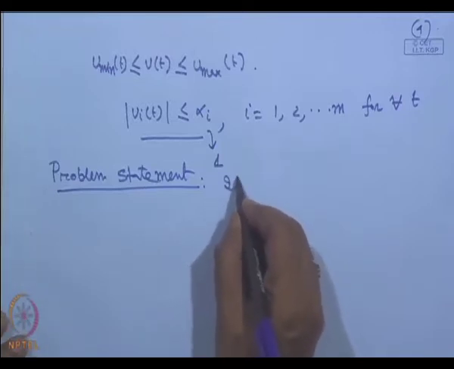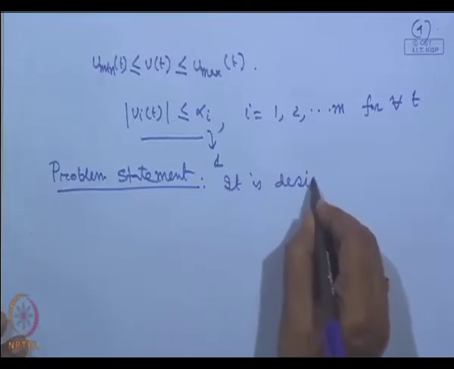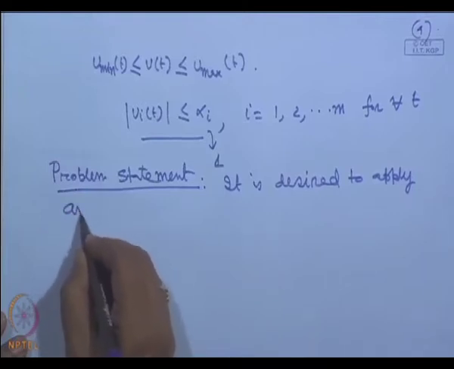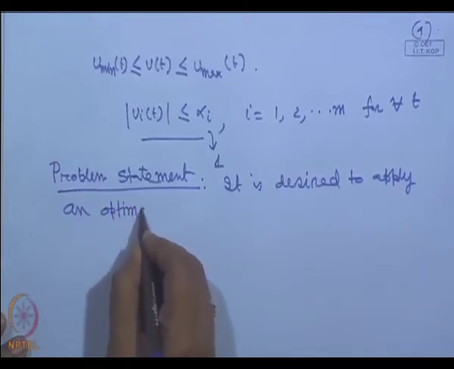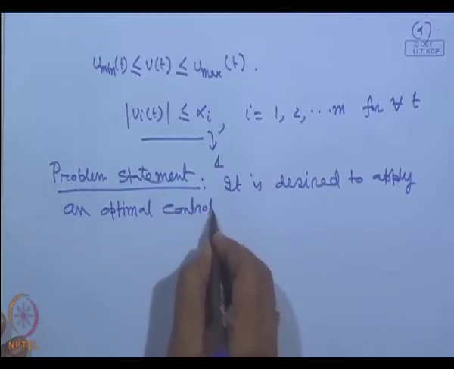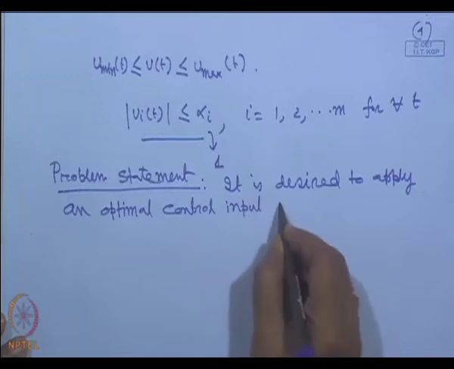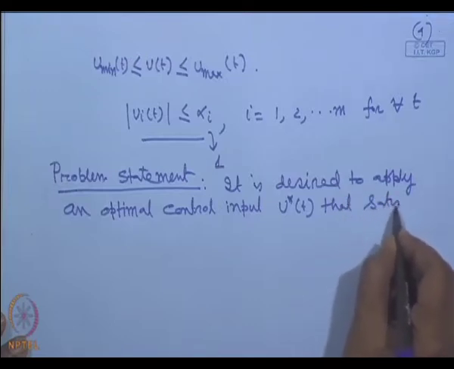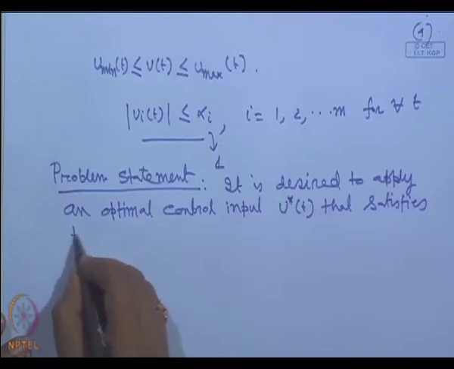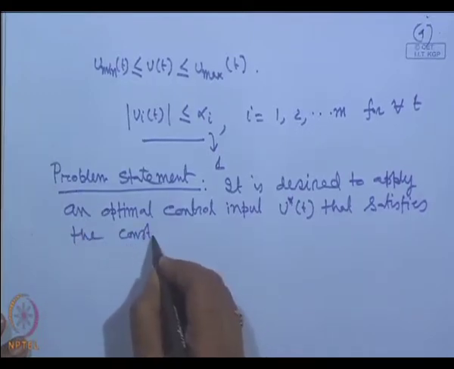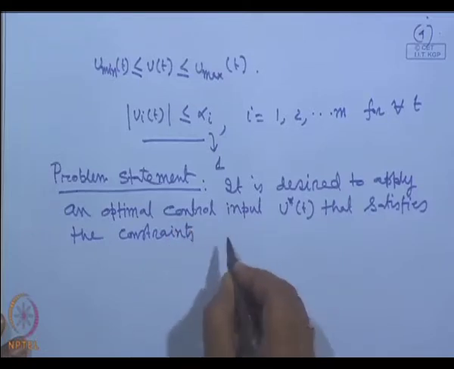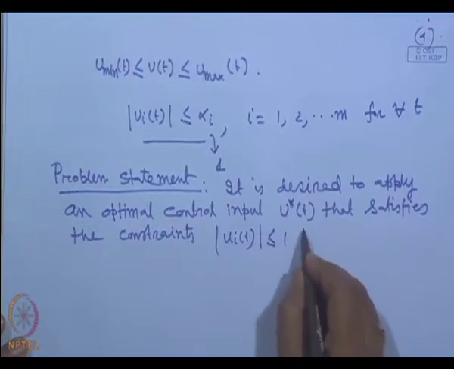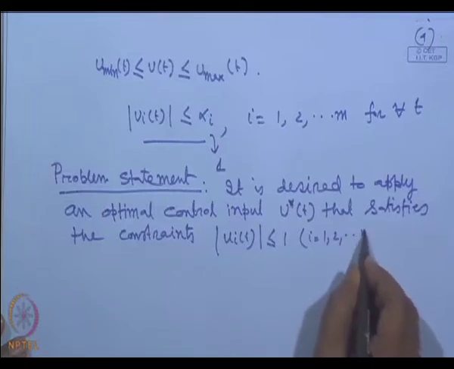So, it is desired to apply an optimal control input u star of t that satisfies the constraints, magnitude of u i of t less than or equal to 1, for i equal to 1 to m, since m is the number of inputs.